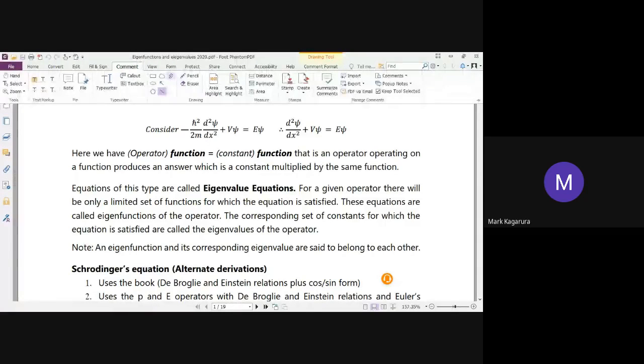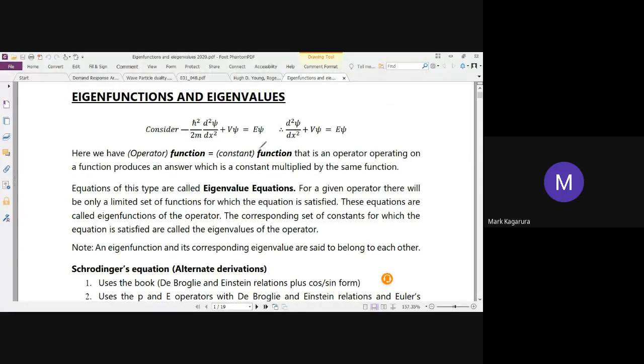So eigenfunctions are, if you have an equation, let's say dy dx is equal to 3.